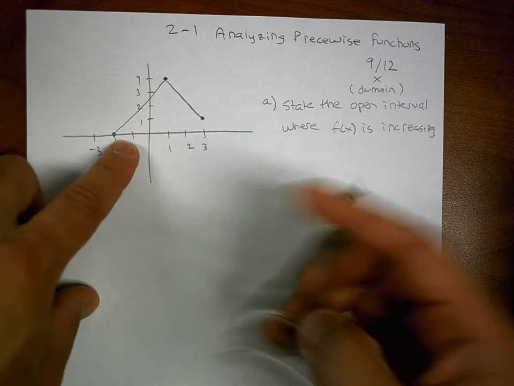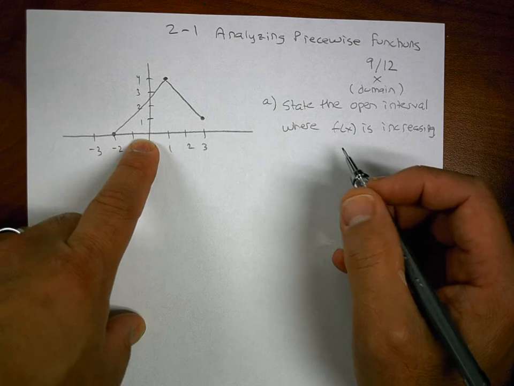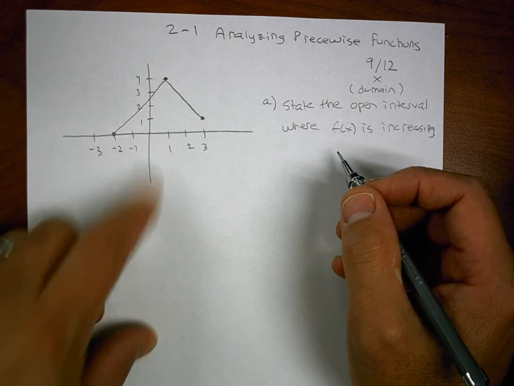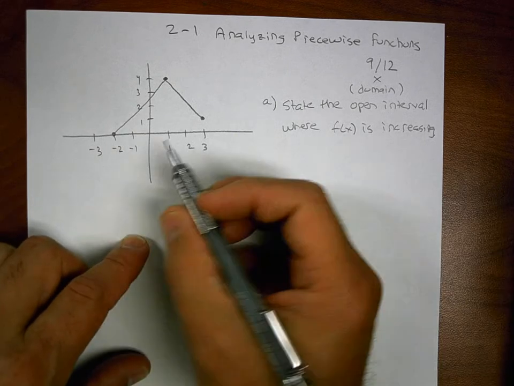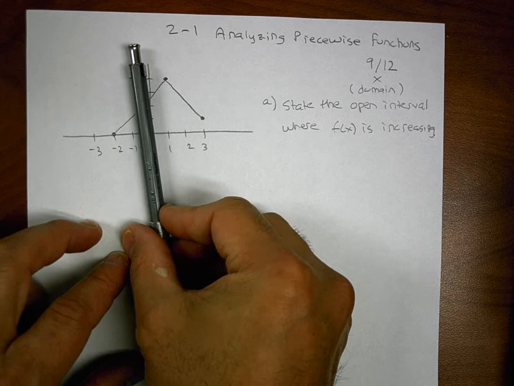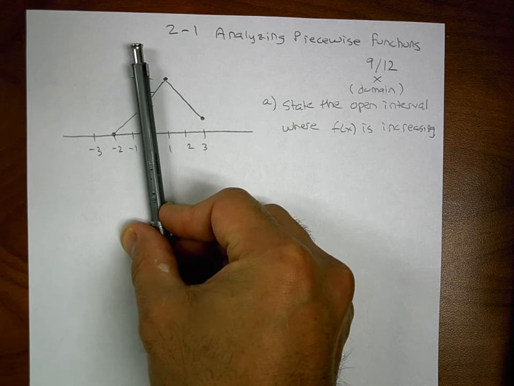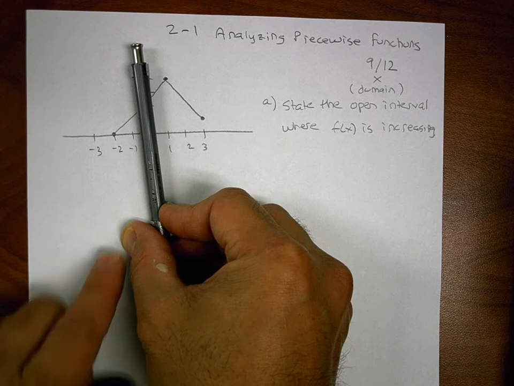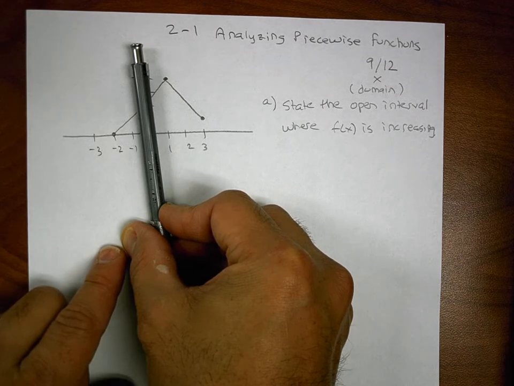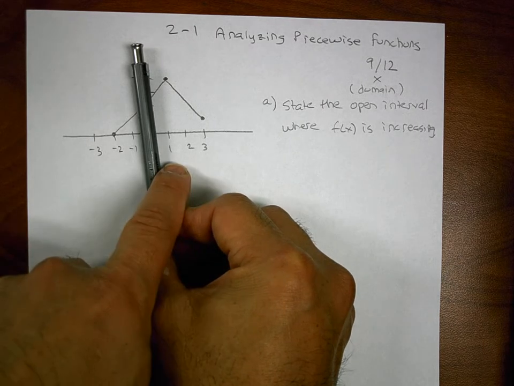Okay, so they want us to state where it's increasing. Well, we're going to describe it by the x-axis numbers. So you could actually even cover up the y-axis, and just by those numbers on the bottom, describe where it's increasing. So you guys tell me in words. Where is it increasing from? -2 to 1. Good.